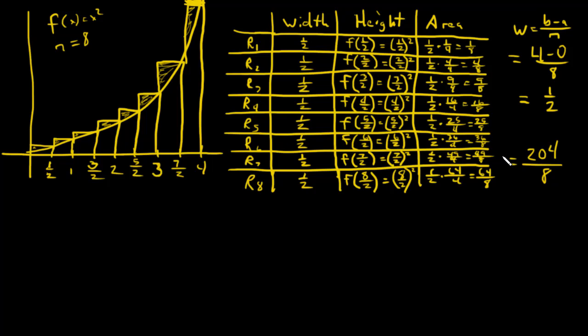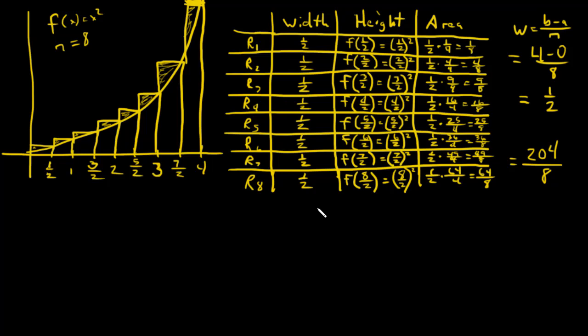Yeah, I think I'd go for that. I just did it again. 14 plus 16 is 30. 55 plus 36 is 91. 49, 140. Plus 64 is 204 over 8. Yeah, I agree with that. I think that's correct.